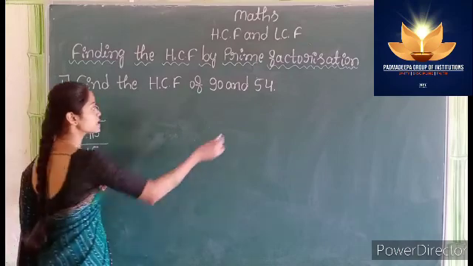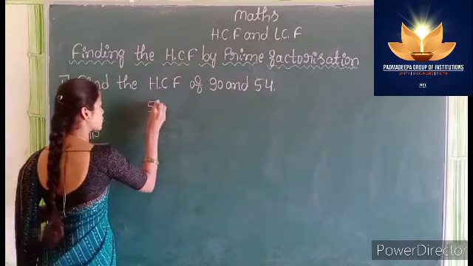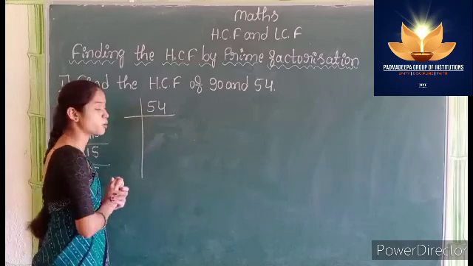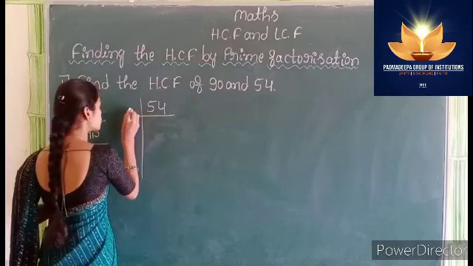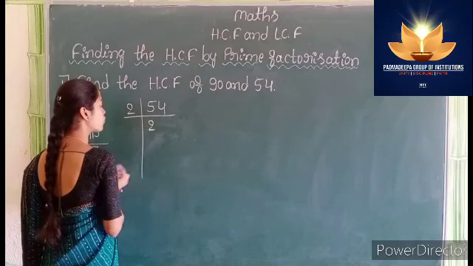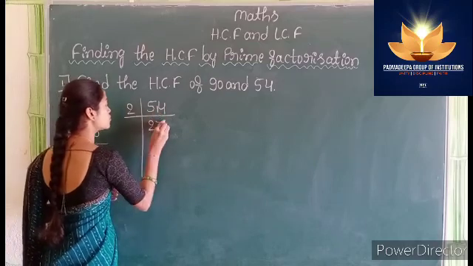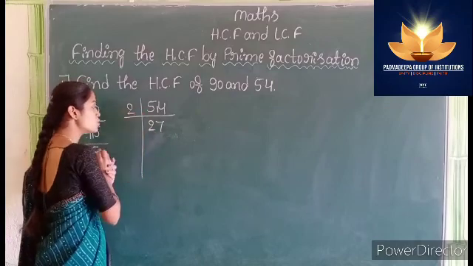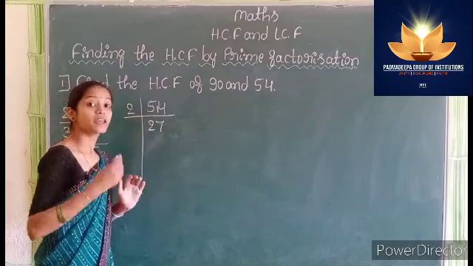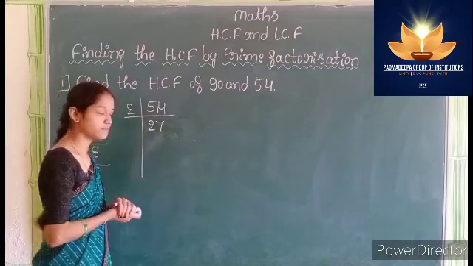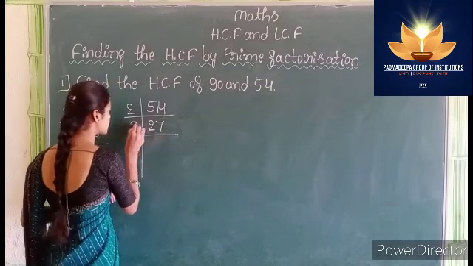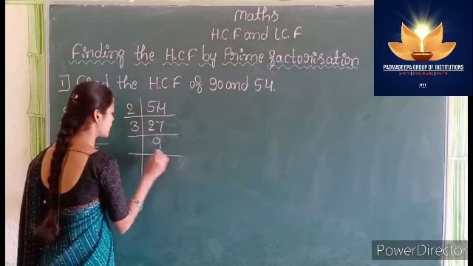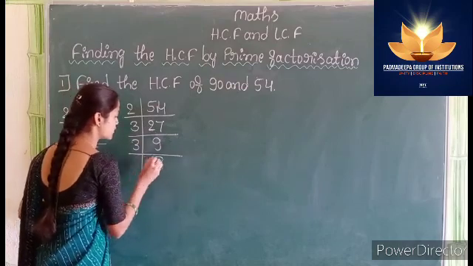Then we have to divide this 54. The smallest possible prime factor is 2. 2 2s are 4, 1 left, so 2 7s are 14. This 27 is not divided by 2, so we have to check the next smallest possible prime factor, that is 3. 3 9s are 27, then 3 3s are 9.